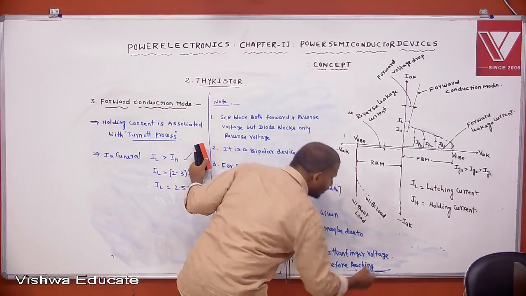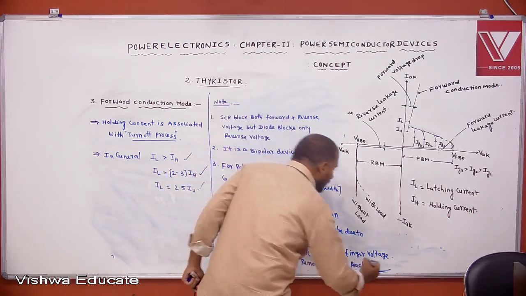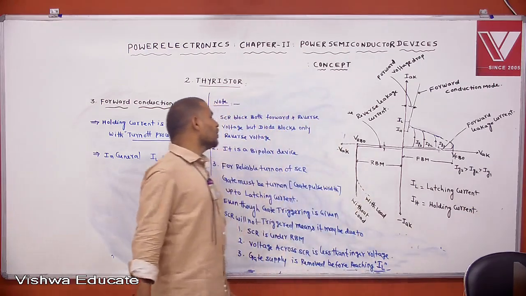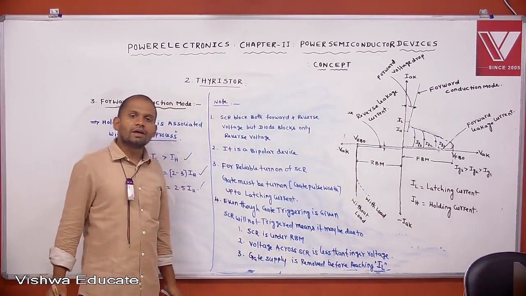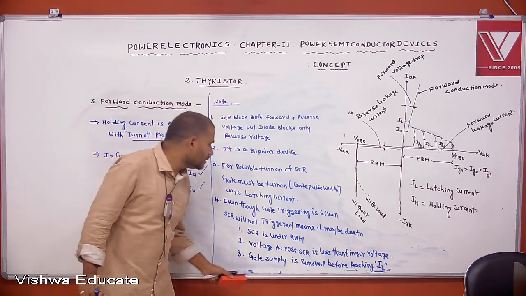Gate supply is removed before reaching which one? Yes, latching current, before reaching IL. These are the reasons why, even though gate supply is given, the SCR will not trigger.